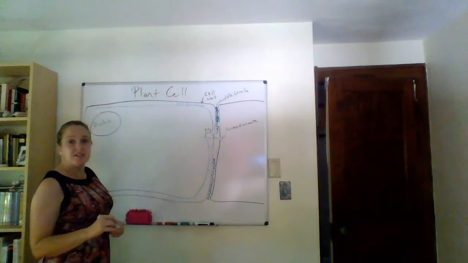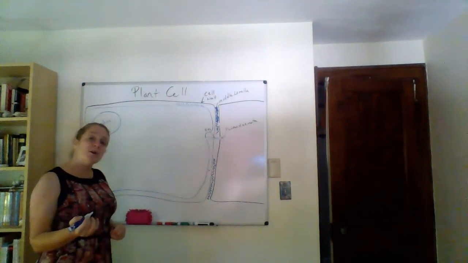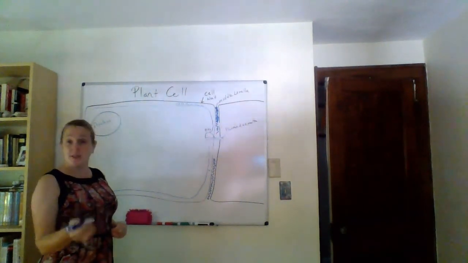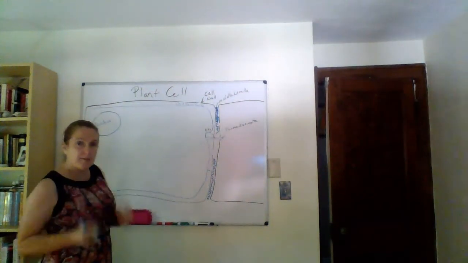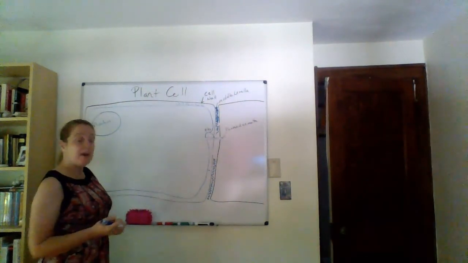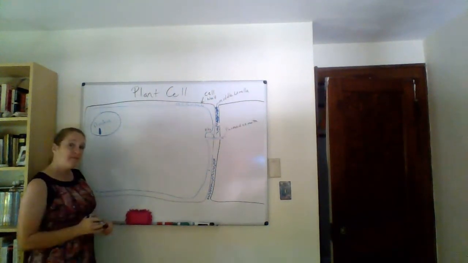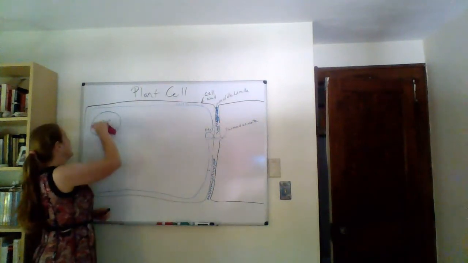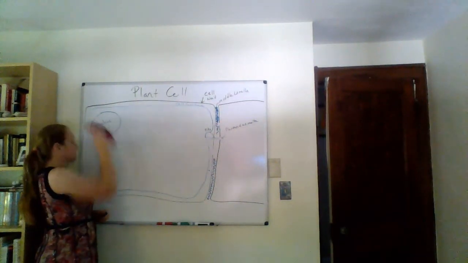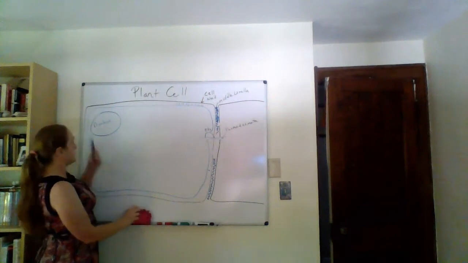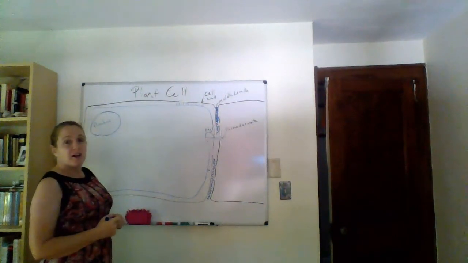When we have loose DNA, looks like hair, we call that chromatin. If our cell is dividing, that DNA has been packed tightly into a chromosome. And generally when we draw a chromosome, it looks like a hot dog. So I'm going to erase the chromosome out of here so that we can just focus on our cell parts. So we've got our nucleus, our plasma sac of DNA.